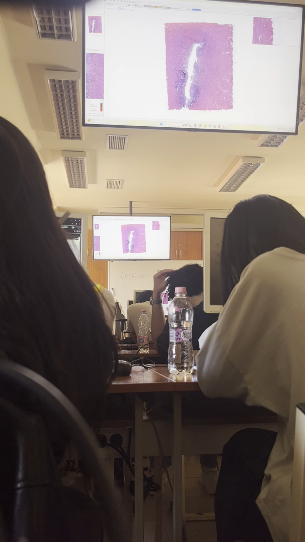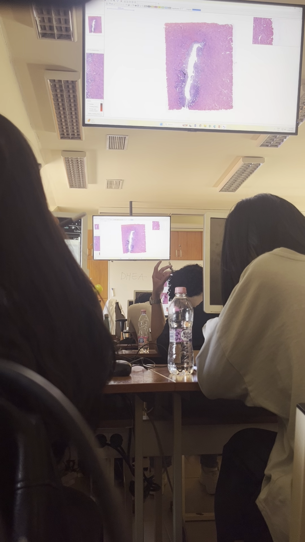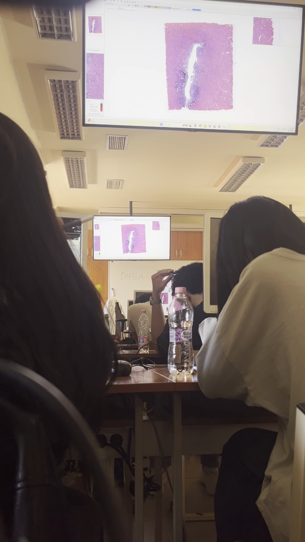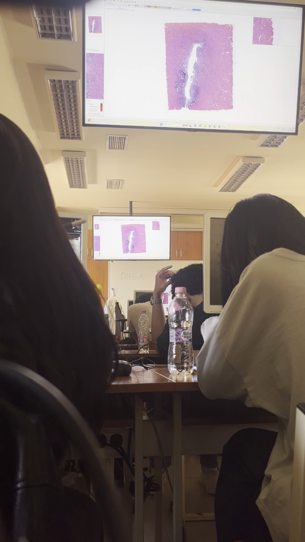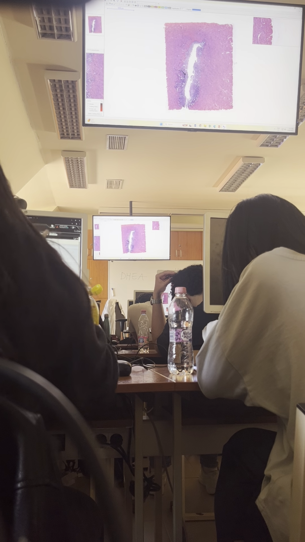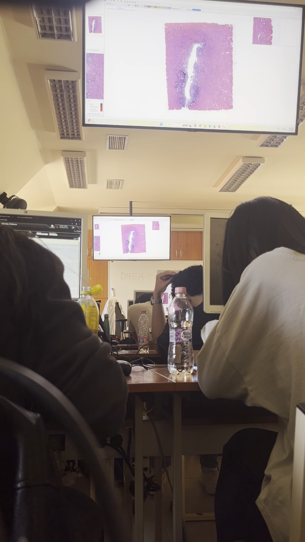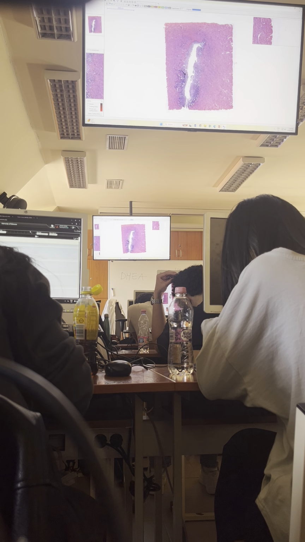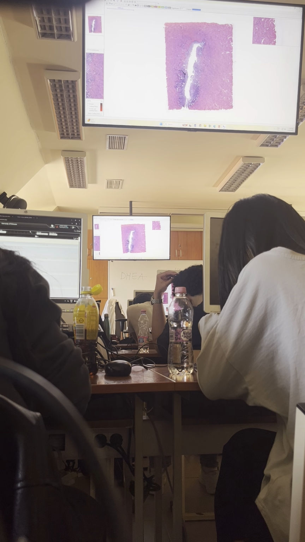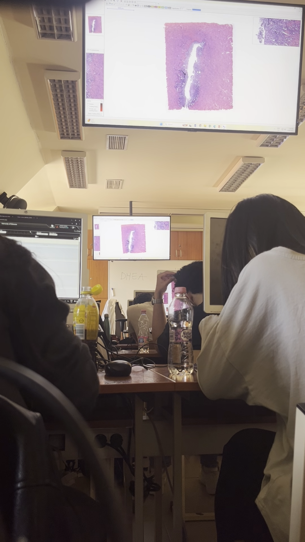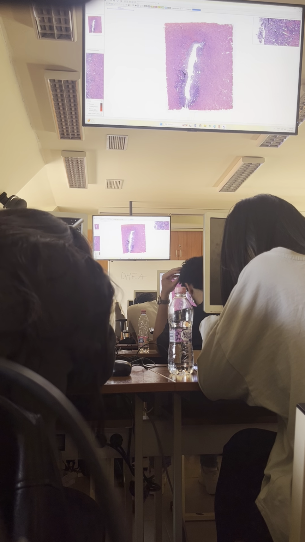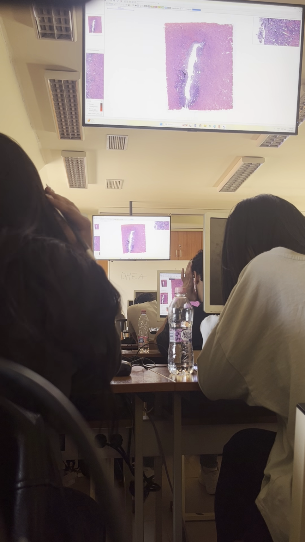Perimetrium would be the subserosa and serosa in other organs, but here we don't use this term either. Instead we use perimetrium. Perimetrium is absolutely missing. And this is true for both uterus sections. So we can see part of the myometrium and the endometrium in both sections. The rest was lost.